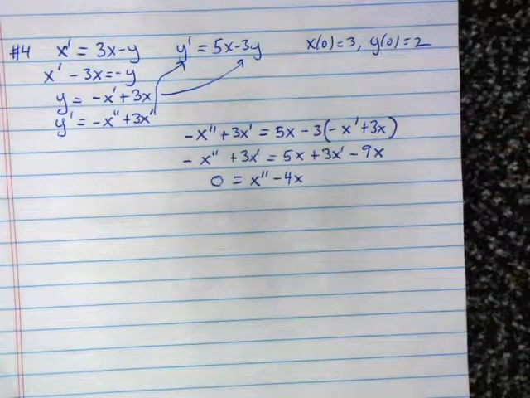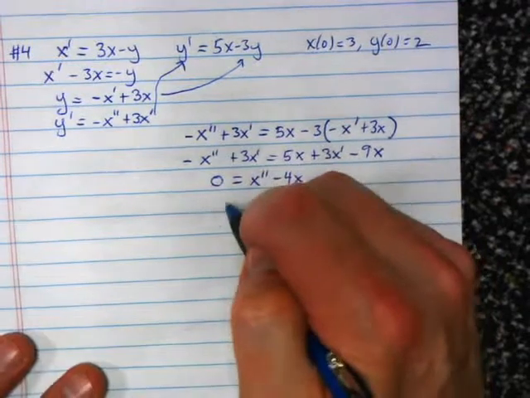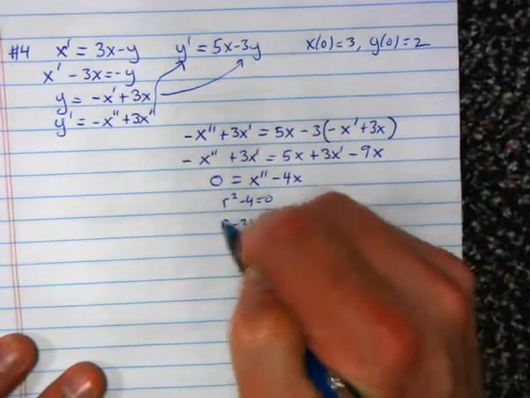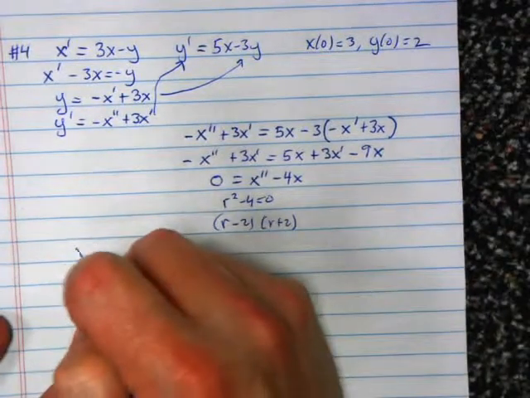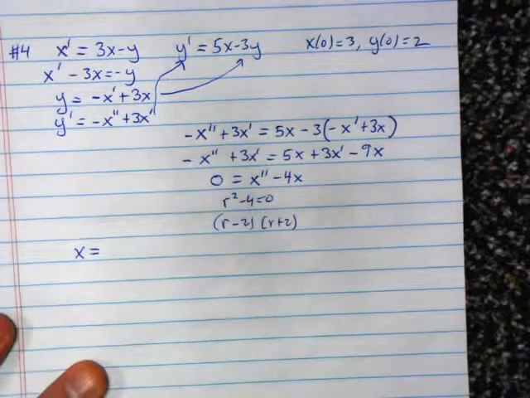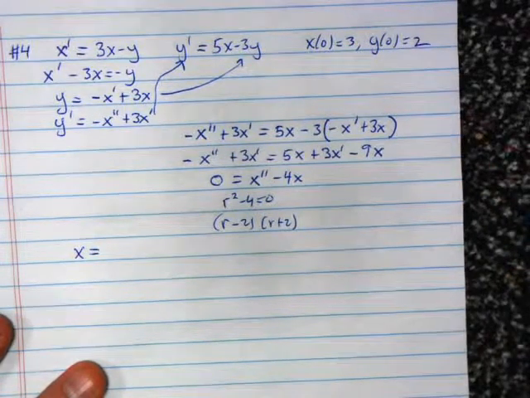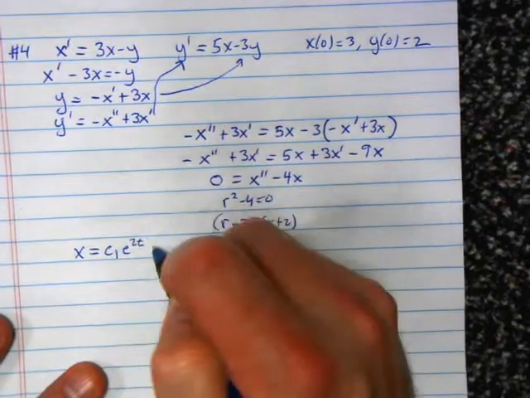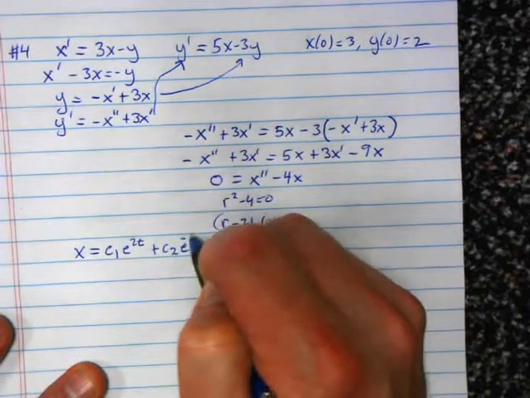The 3x primes reduced each other out. Now what? r squared minus 4 factors as r minus 2 times r plus 2. Which means what x is c1 e to the 2t plus c2 e to the negative 2t.